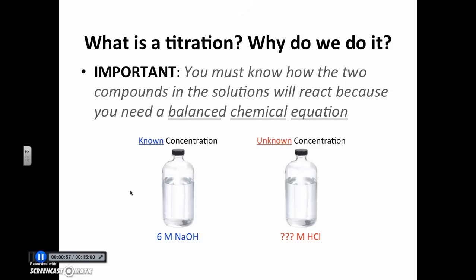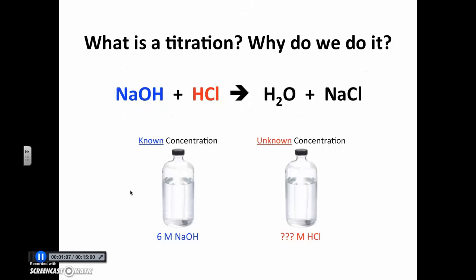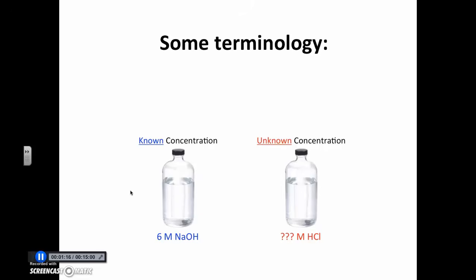An important note here is that you must know how the two compounds in the solutions will react because you need a balanced chemical equation. And in this case, we know sodium hydroxide and hydrochloric acid combine to yield water and sodium chloride. We'll come back to this equation later.